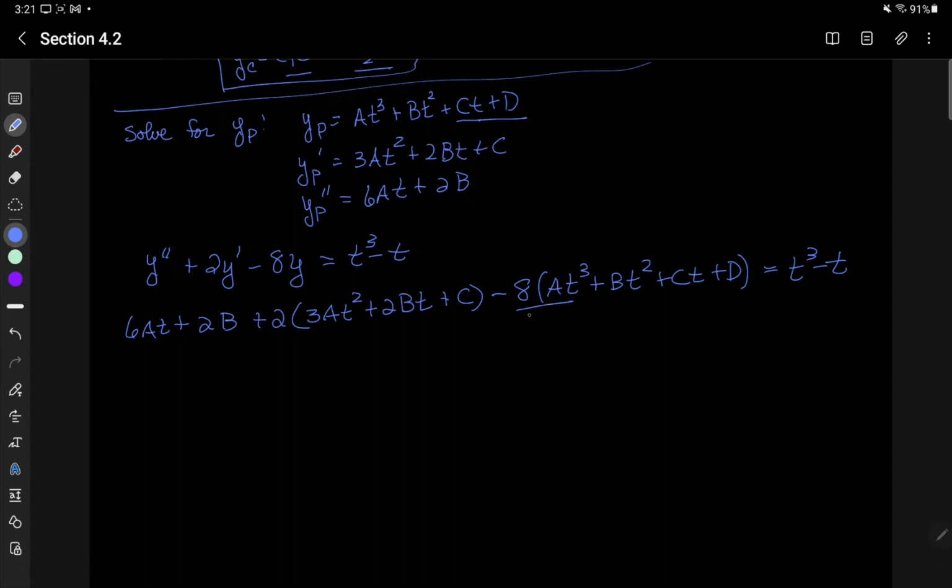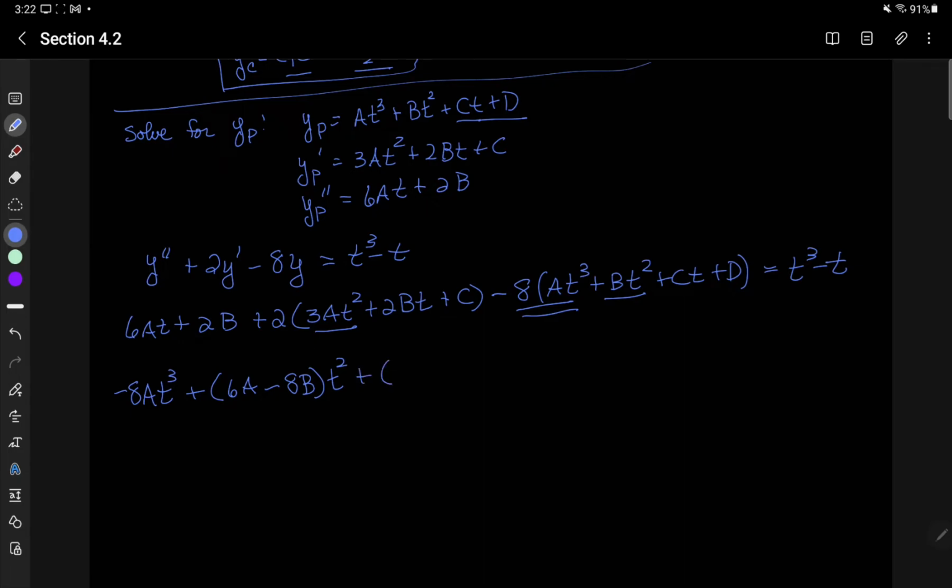I'm going to have negative 8a t to the third. And then my t squared terms, I've got here, this is 6a t squared minus 8b t squared.